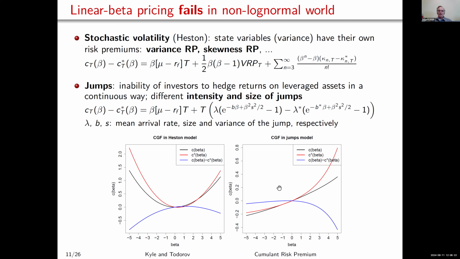But in this example of a jump model, you've got a cumulant risk premium that's highly nonlinear. And in the Heston model, you have a cumulant risk premium that's also highly nonlinear. So these are examples where the higher order moments do matter, because of the way the higher order moments show up in the returns over a period of time, let's say a month.